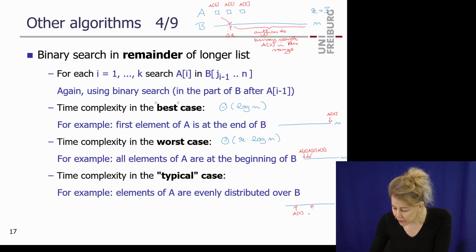So we have this here, and this here, and this here. And what's the running time then, if they're perfectly evenly distributed? Is it better, or what do you think?